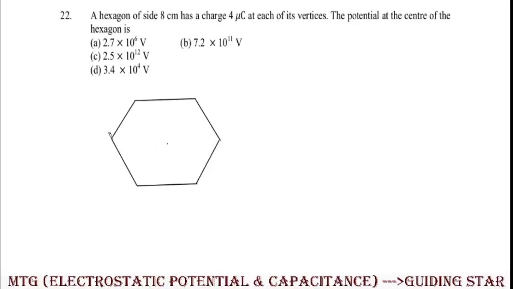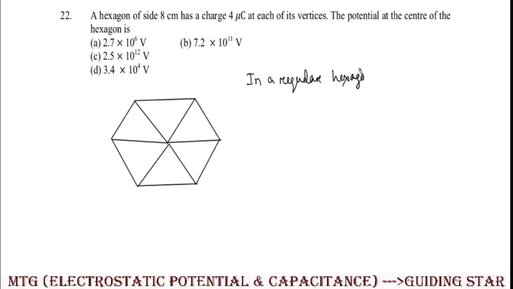That means if we just join these lines from the vertices, so if it is a regular hexagon, what you can say, this will form equilateral triangles.